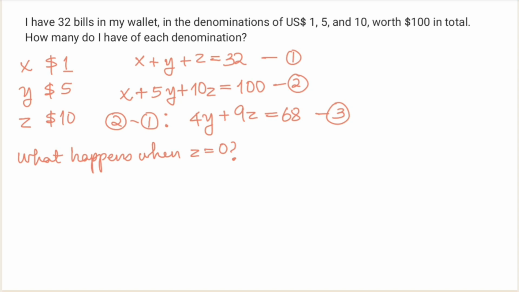When z equals 0 from equation 3, we have 4y plus 9z, which is 0, equals 68. That means that 4y equals 68.